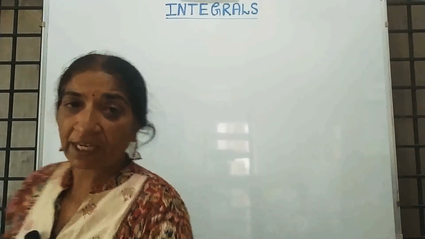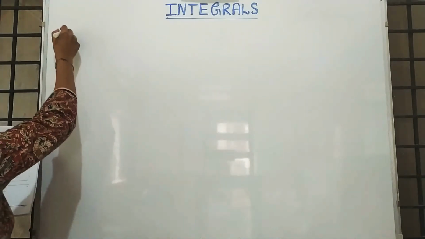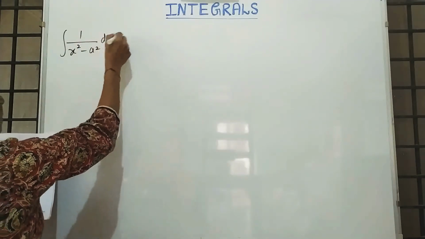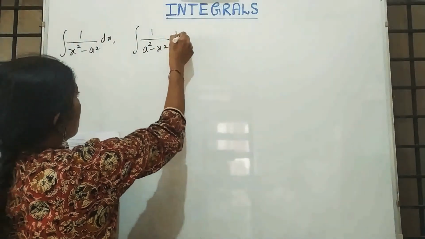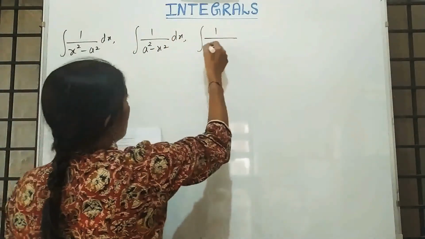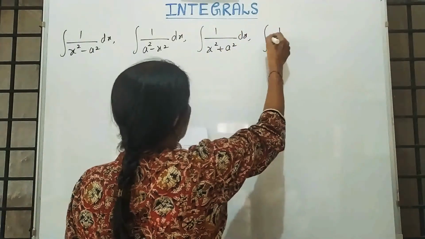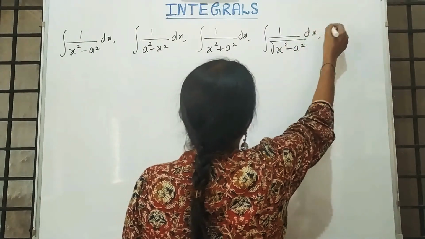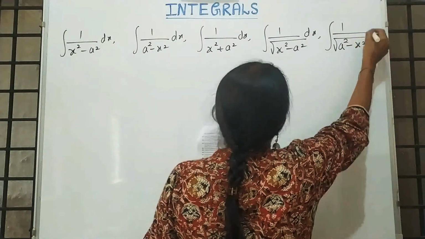So the question they can ask like this. We have 9 derivations. Which derivations are they? I will give all the integrations. They can ask 1 upon x square minus a square, or 1 upon a square minus x square, or 1 upon x square plus a square, third one. Fourth one, 1 upon root of x square minus a square, 1 upon root of a square minus x square.